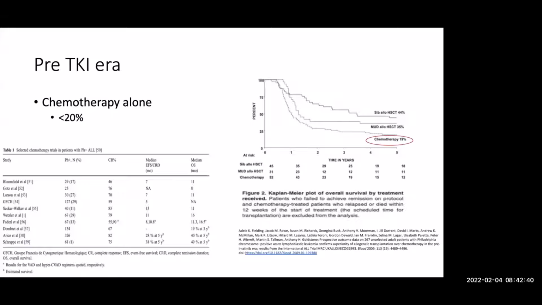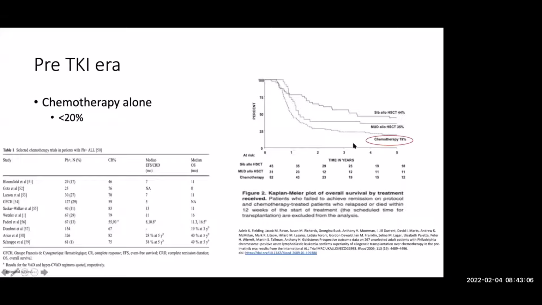So the pH positive ALL treatment, if we see before the introduction of tyrosine kinase inhibitors, was with the help of chemotherapy alone, which could be either a pediatric inspired protocol or the adult protocol. And in that time period when only chemotherapy was used, the outcomes were dismal.